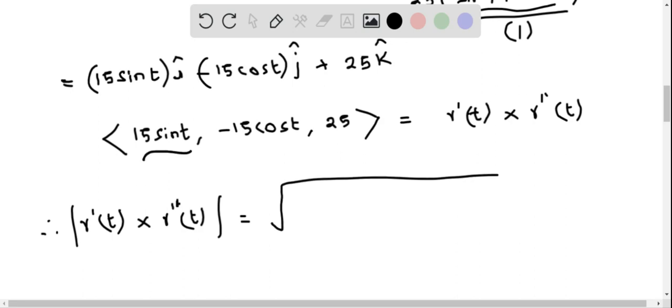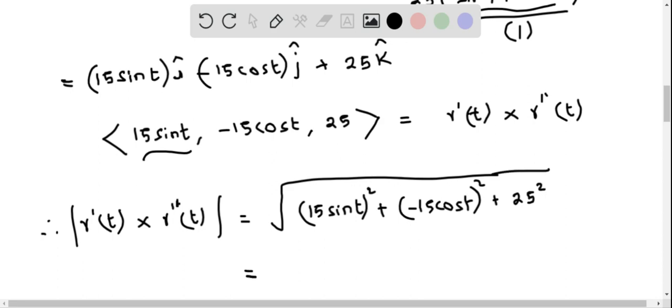That is, we take 15 sine t quantity squared plus negative 15 cosine t quantity squared plus the last term is 25 squared.